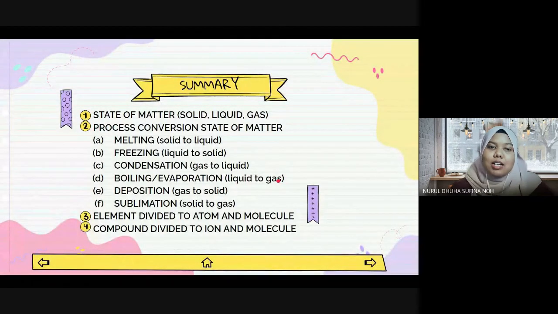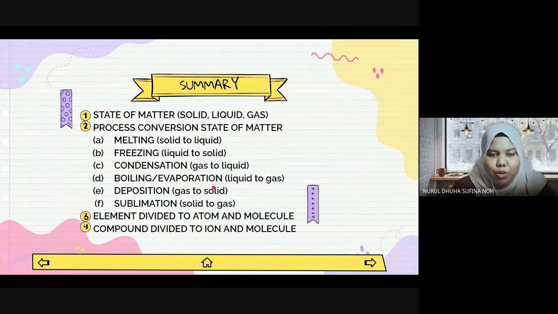Okay, so this is our summary for today's lesson. States of matter exist in the form of solid, liquid, and gas. There are six process conversions of state of matter: melting, solid to liquid; freezing, liquid to solid; condensation, gas to liquid; boiling or evaporation, liquid to gas; deposition, gas to solid; and sublimation, solid to gas.